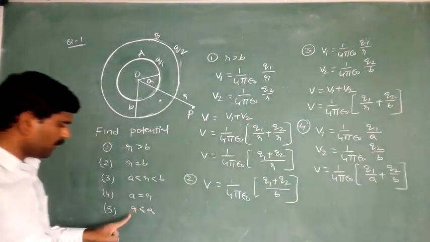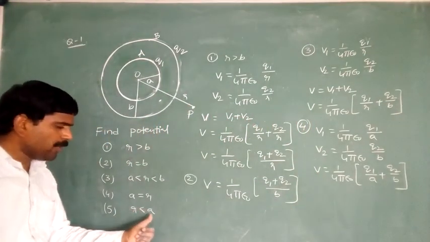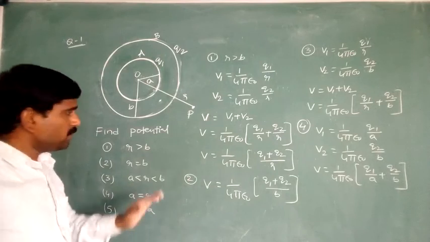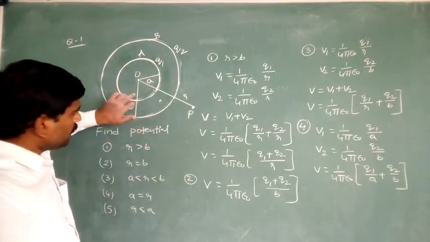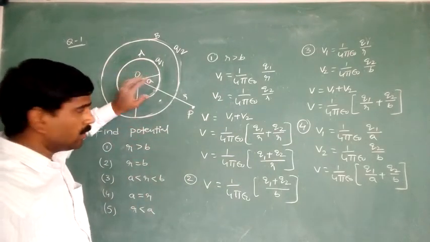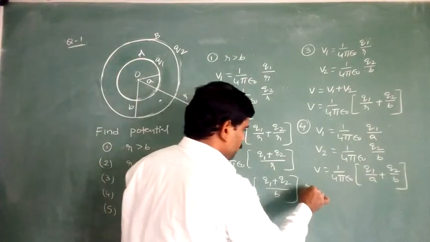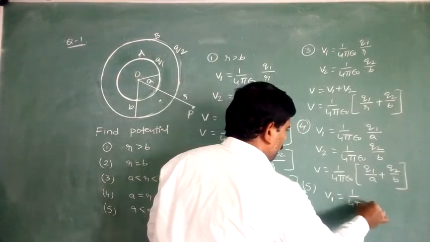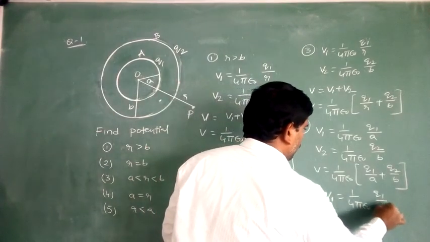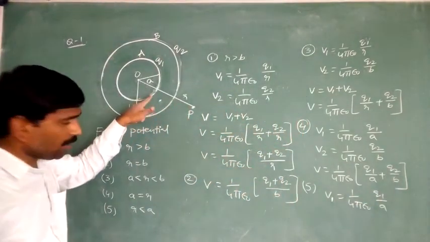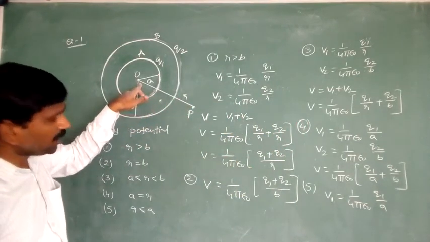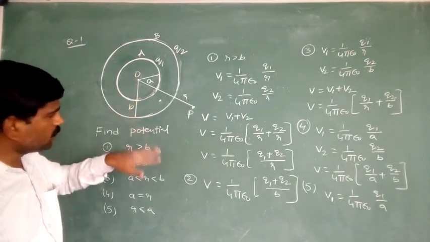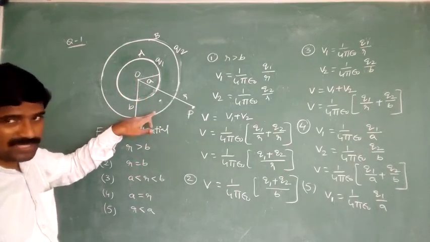Next, fifth case. R value is below A, means for both the shells, the point is inside only. Right now in the fifth case, potential due to the first one is 1 by 4 pi epsilon naught into Q1 by A. What is the potential on the surface? Same potential is inside also. Next one, what is the potential on the surface of the second shell?